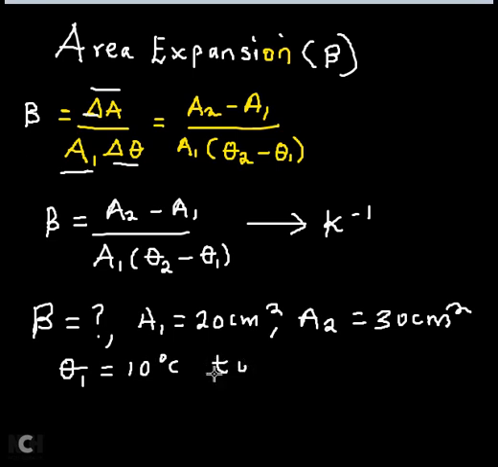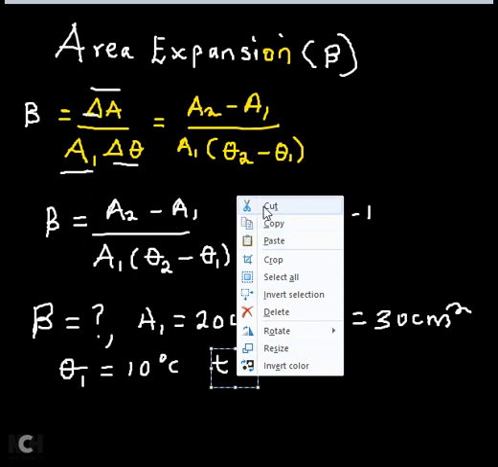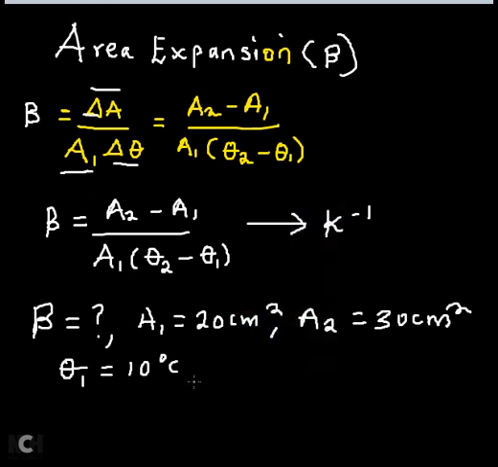Theta 1 is 10 degrees Celsius, and theta 2 is 30 degrees Celsius.